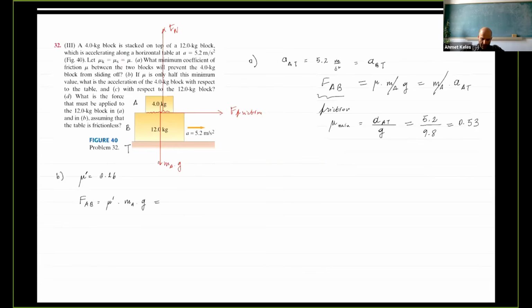There's no other force. And by Newton's law, this should be MA times A with respect to table. Let's call this A prime to tell that this is different. That's the new situation. Okay. Is that okay? Any objections?